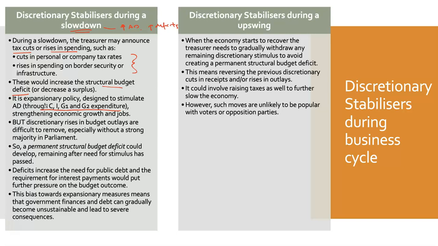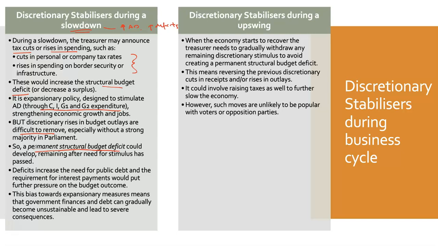It's important to recognize, why do we not do them unless needed? These are often difficult to remove. Everyone wants tax cuts and rises in spending, so it often can be quite hard to remove this, especially after the slowdown has finished. And we don't want permanent structural deficits. These are not necessarily sustainable.